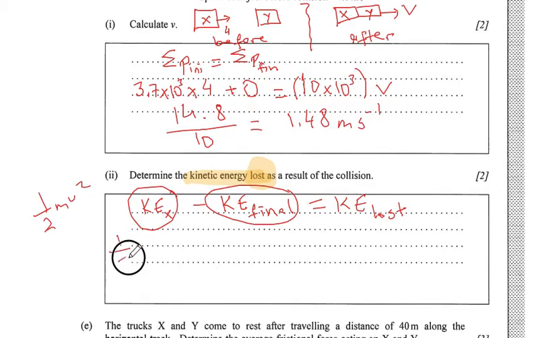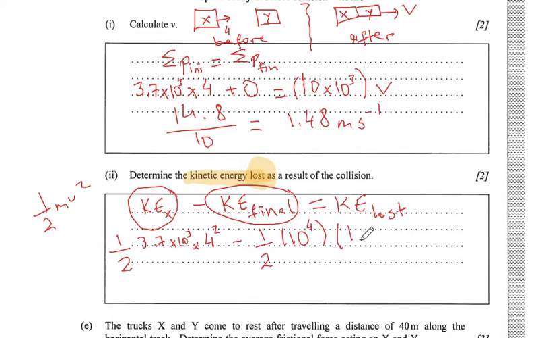I'm going to write this for x, which has a mass of 3.7 times 10 to the power of 3, times its velocity squared. And then I'm going to subtract the total energy of 1/2 times the total mass, which would be 10 times 10 to the power of 3, so basically 10 to the power of 4, and now I know their velocity.